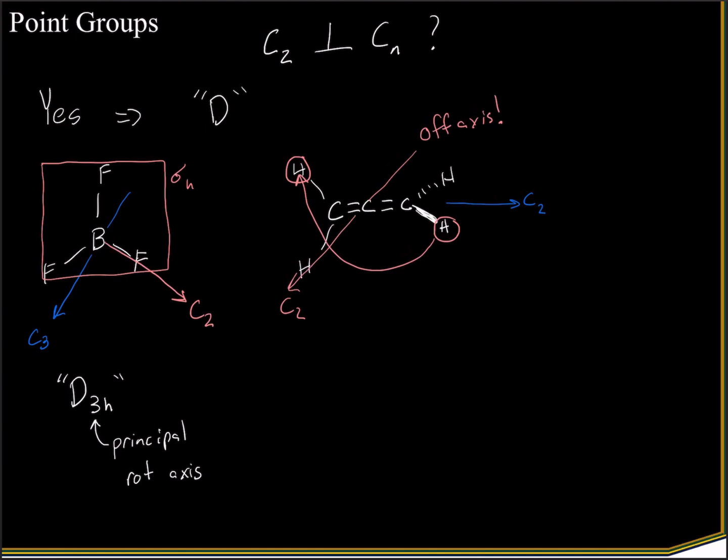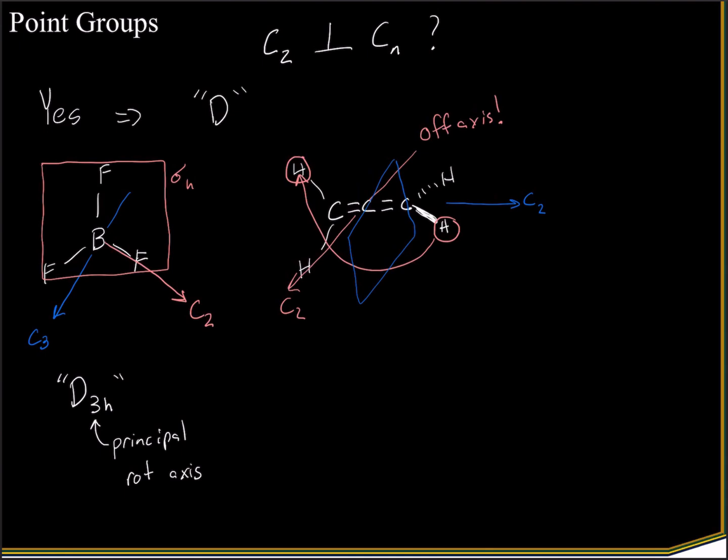But now, again, we have our principal rotation axis, that's a C2. We also have a perpendicular C2 axis. So this puts us in our D point groups. Here I can see that I do not have a horizontal mirror plane. If we look at this blue C2 axis, my horizontal mirror plane would be like this.